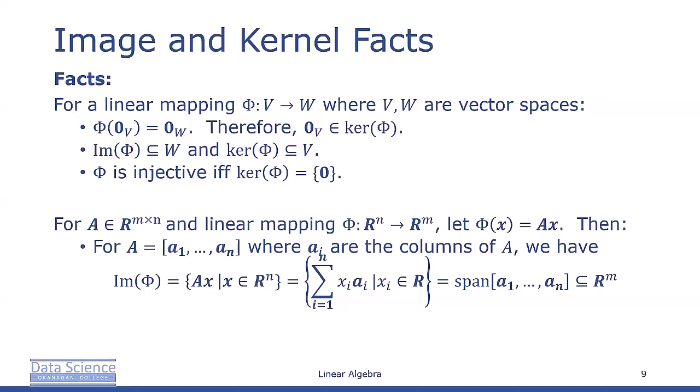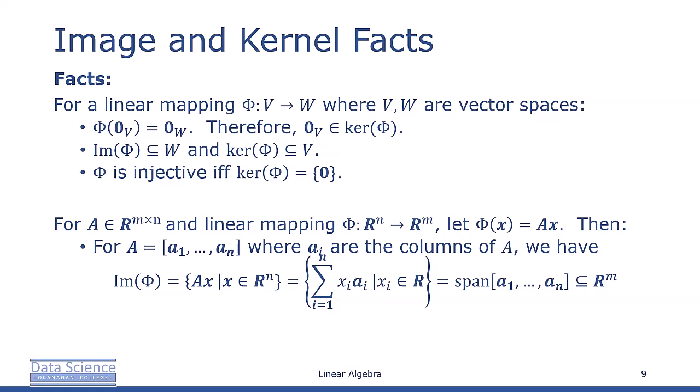Consider a linear mapping phi from V to W, where V and W are vector spaces. It's always true that phi of the 0 vector in V is equal to the 0 vector in W, and therefore 0 is always going to be in the kernel of phi, which means the kernel, the null space, is never empty.